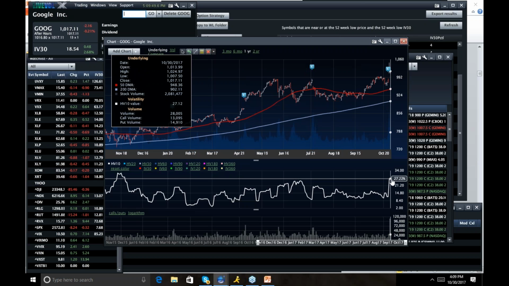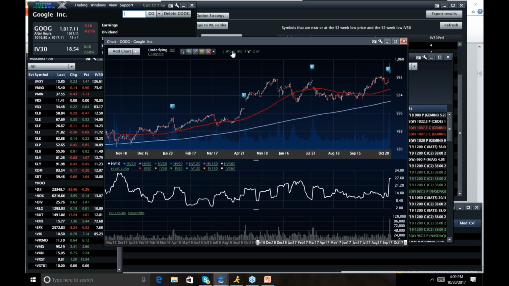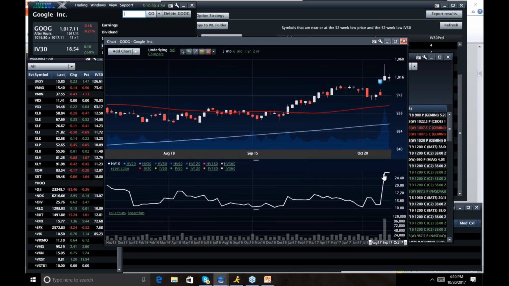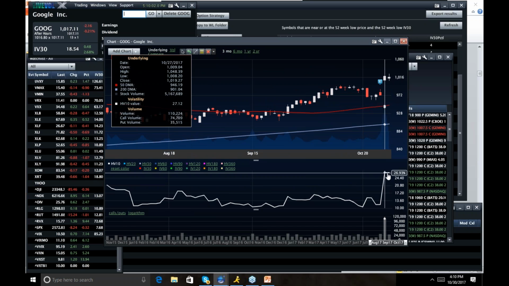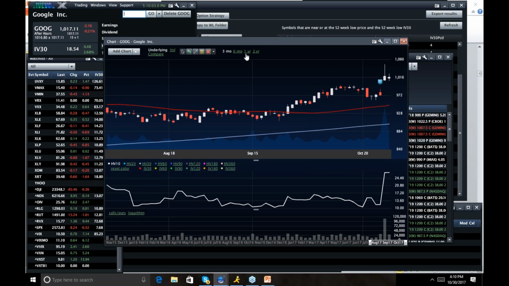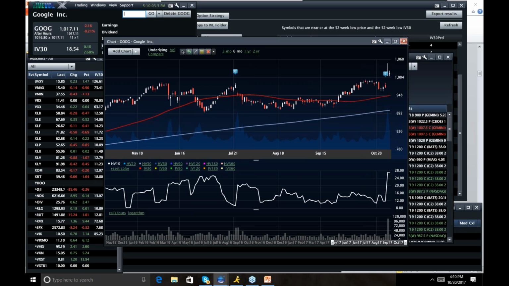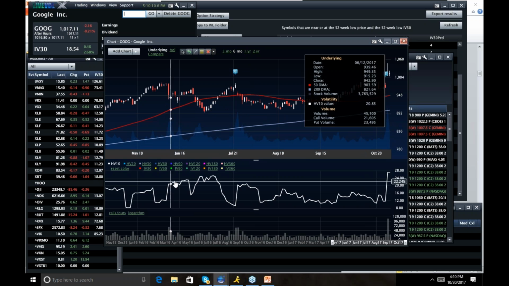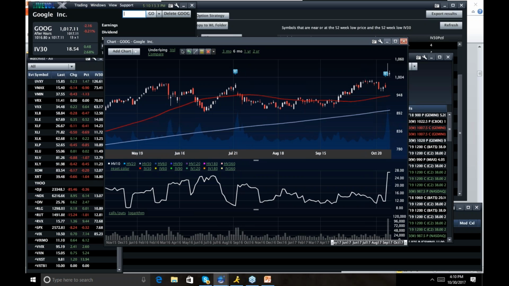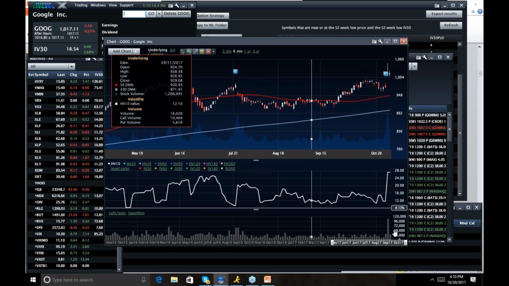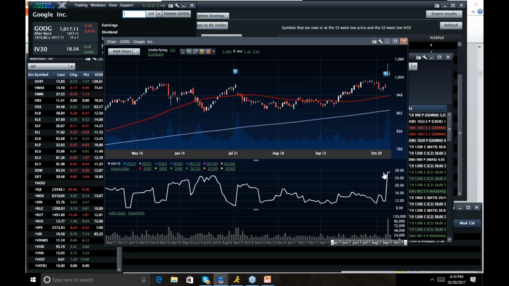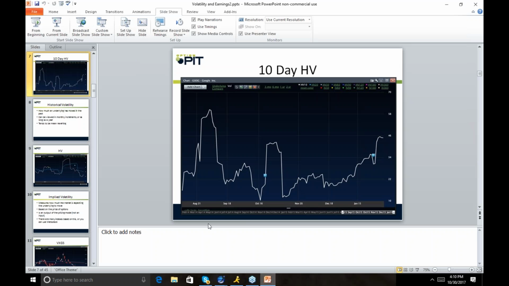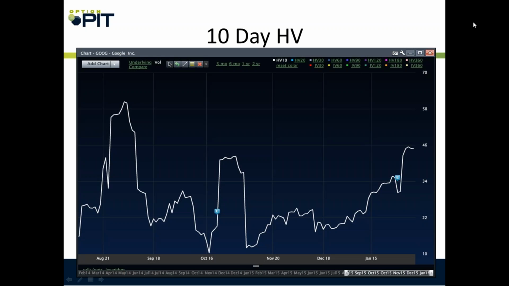In the last 10 days, it's moved 27%. That's a nasty move. And you get a much better feel for what just happened, right? I can tell you that something important really happened in Google relative to the last 6 months, certainly the last 3. What was going on here that I got movement, but I wasn't getting it here? And what does this mean? That's really what I'm using realized volatility for: what's happening right now and why.